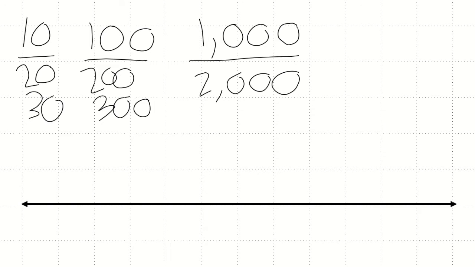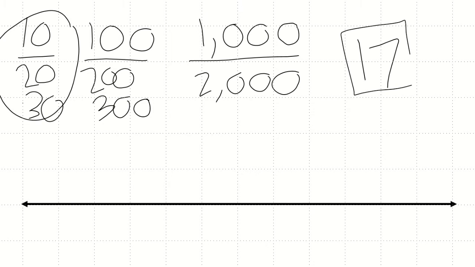So let's start off with something smaller. Let's start with thinking about a number like 17. Okay? So if I was asked to round to the nearest 10, I am thinking, what two multiples of 10 is 17 between?